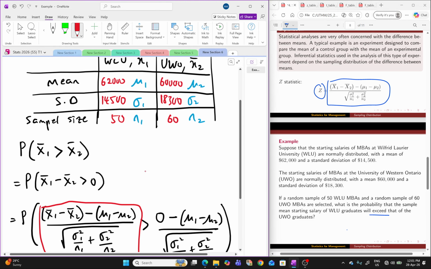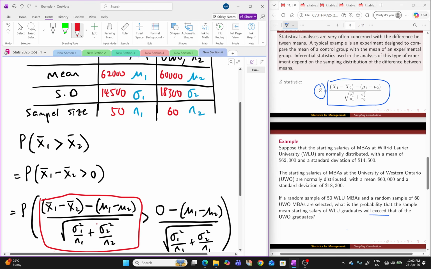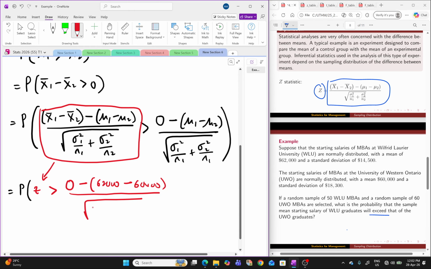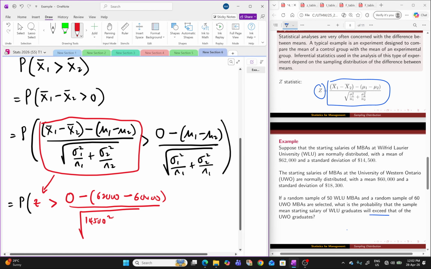Minus mean 2 is 60,000. Divide by standard deviation 1 is 14,500. We have to square it. Divide by 50.